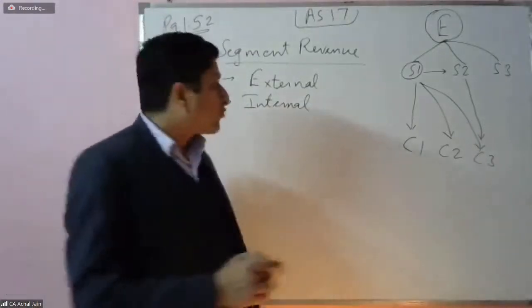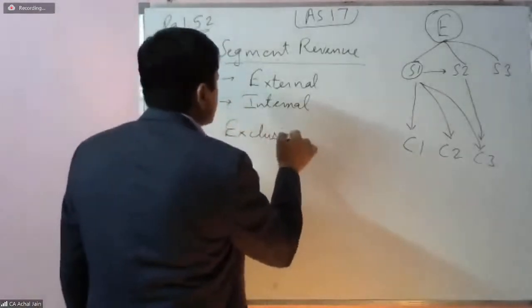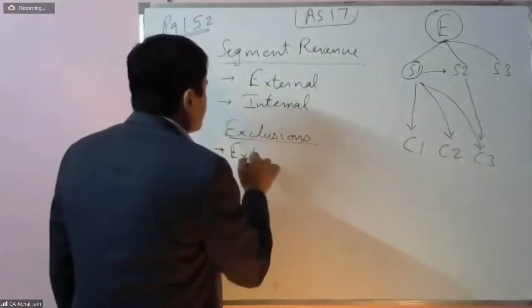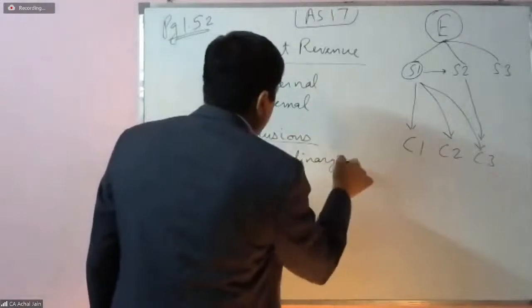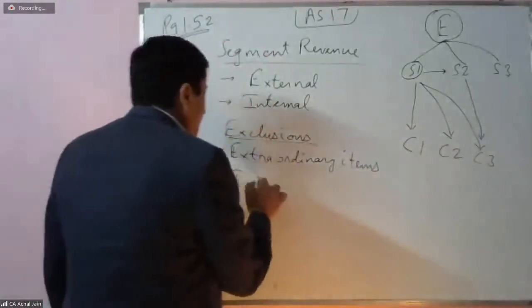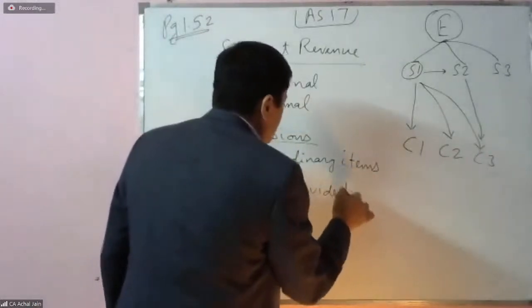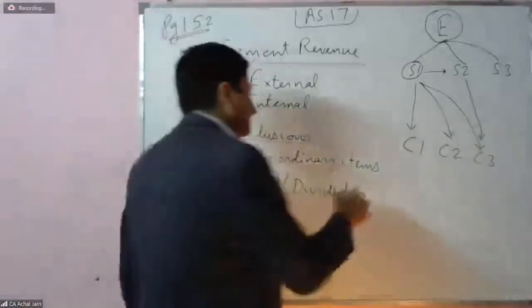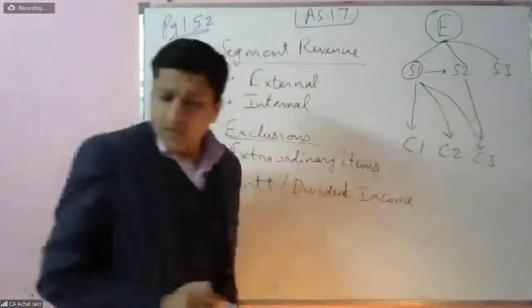So what are the exclusions? First, extraordinary item. Second, interest or dividend income.